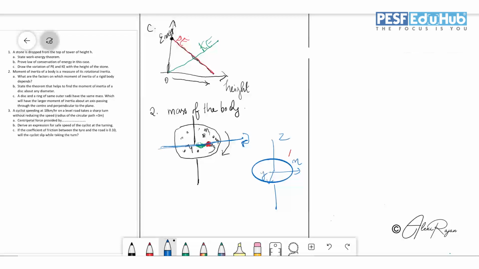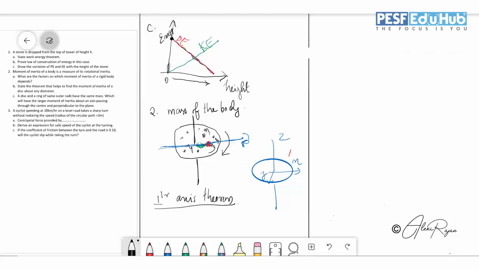The question is, how can you find out the moment of inertia of a disk about any diameter? It can be found out by using the perpendicular axis theorem. Perpendicular axis theorem.